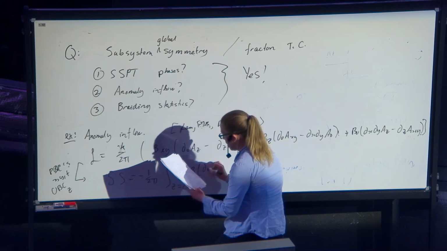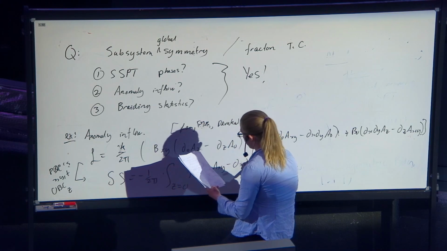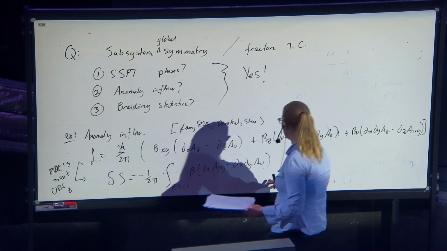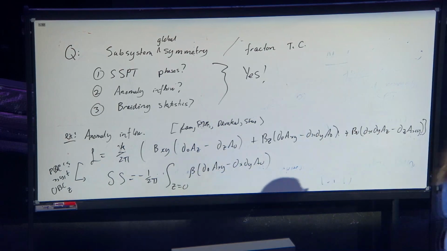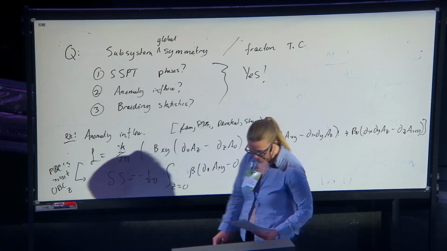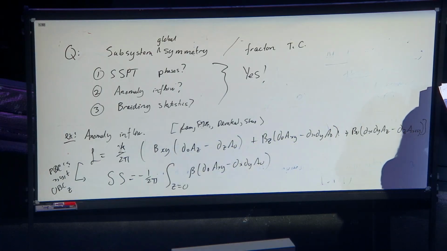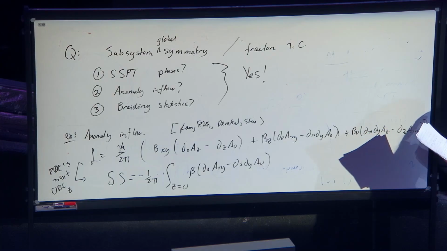Okay, and I get this term here, and boy, it looks pretty similar to this term here. Okay. So once again, we're going to do the same thing. We have to find a theory that can live.